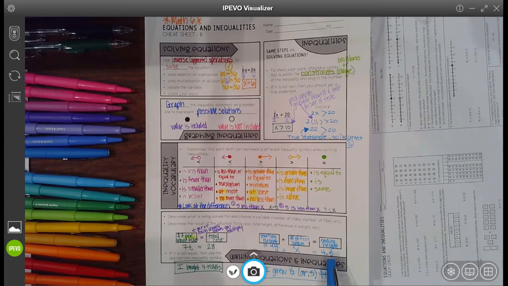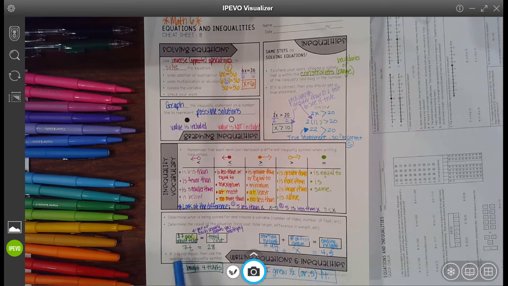So how much did you grow? Well, these are being added, so the opposite of adding is to subtract. Subtract 4 from 4.5, and you just get a half. So we grew half of a foot. Writing out what it is you're talking about before you write out your equation is sometimes helpful.